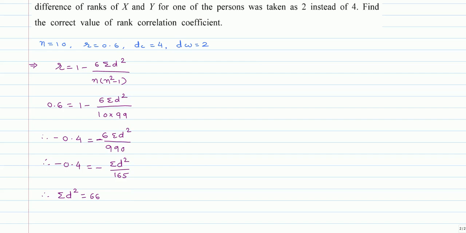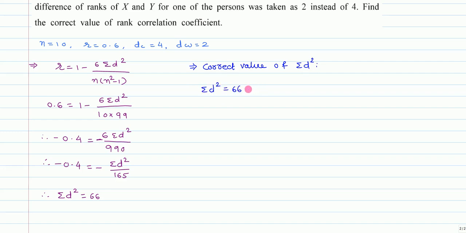Now from this we have to find the correct value of sigma D square. Sigma D square is given as 66.